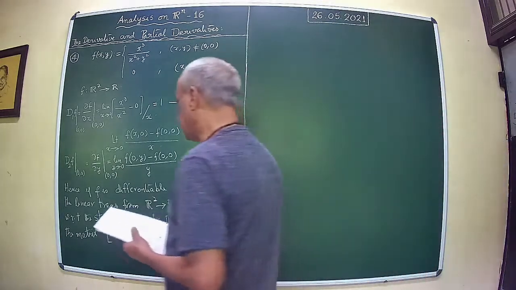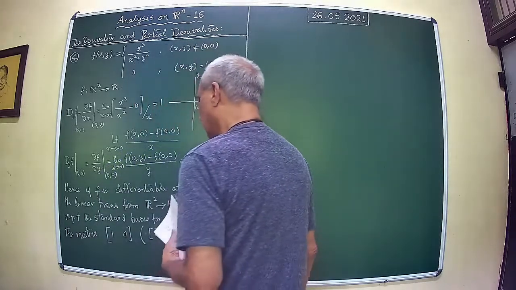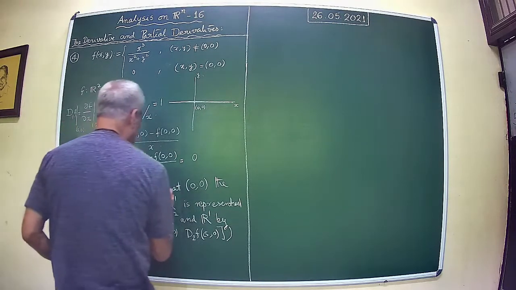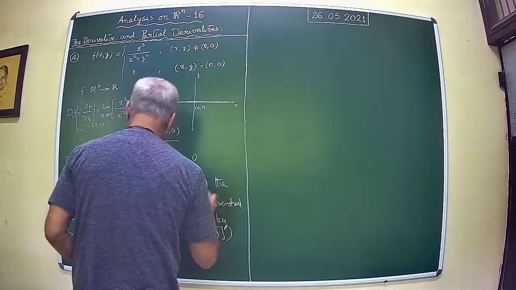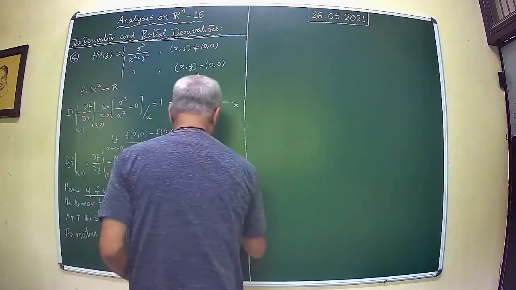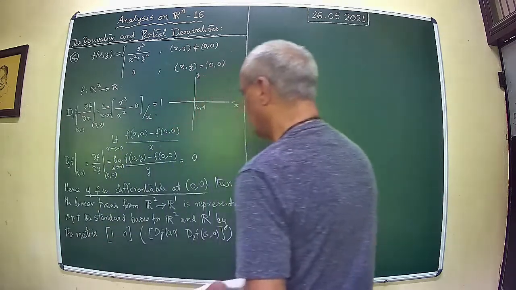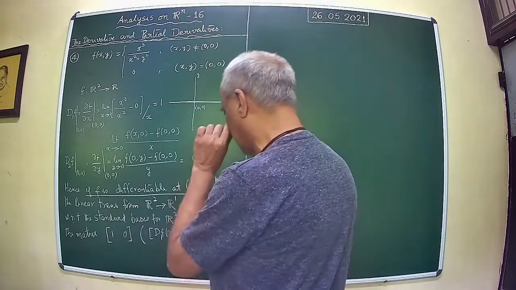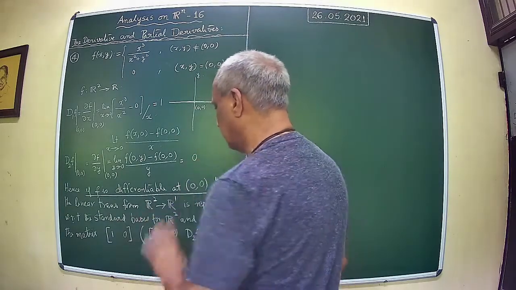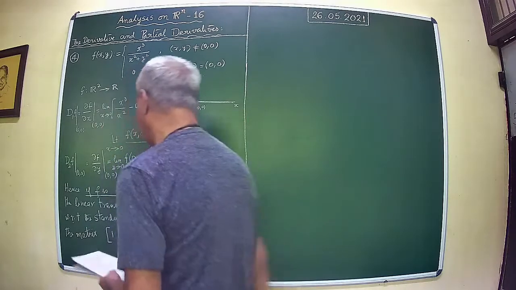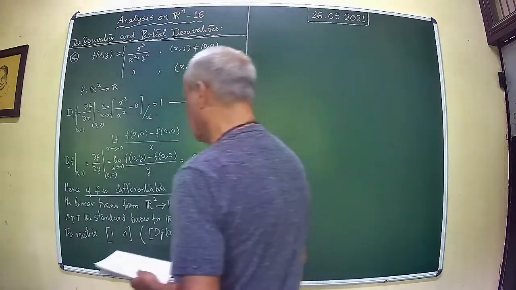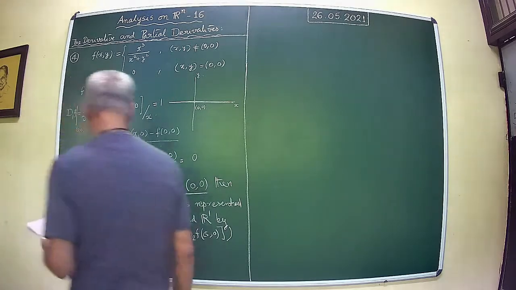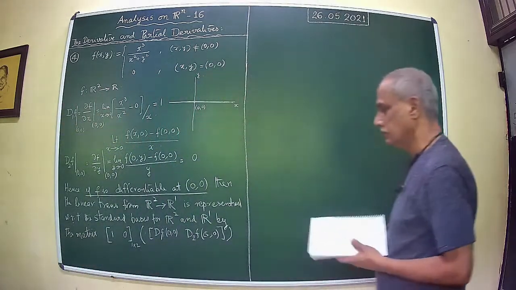This is under the assumption that if f is differentiable at (0, 0), then the linear transformation from R2 to R1 is represented with respect to the standard basis by this 1 by 2 matrix. So a 1 by 2 matrix.